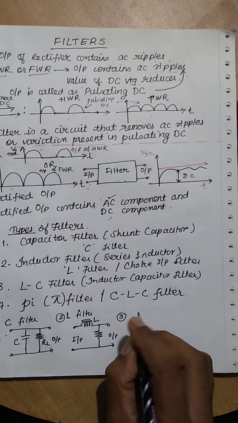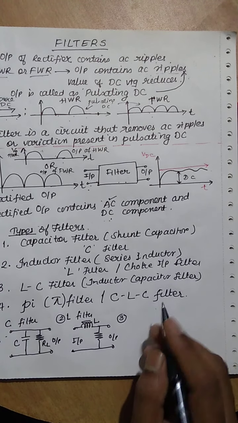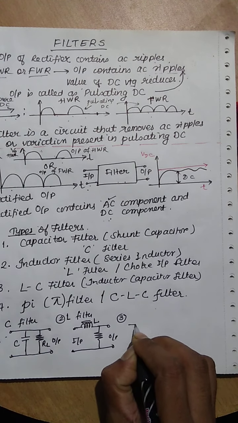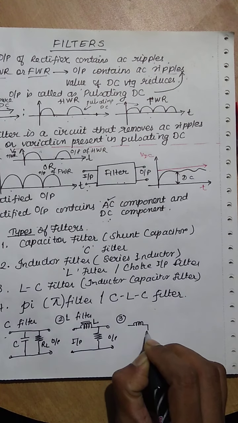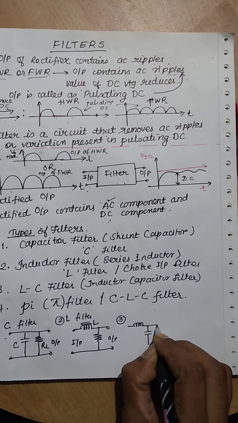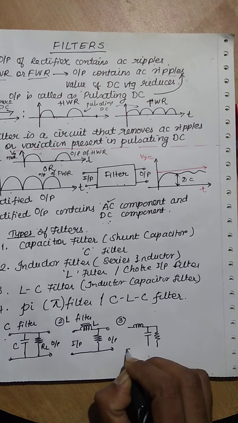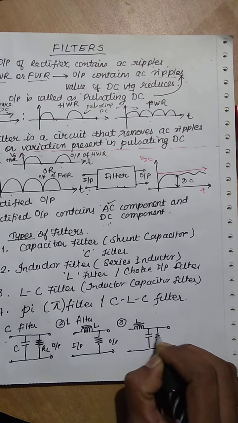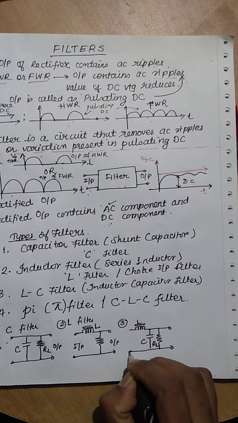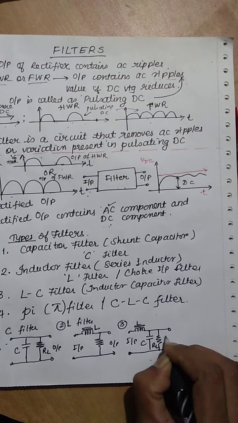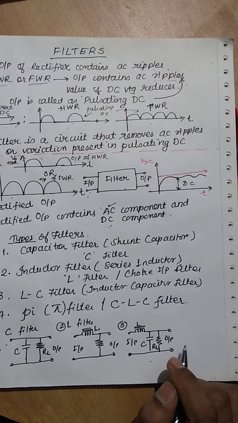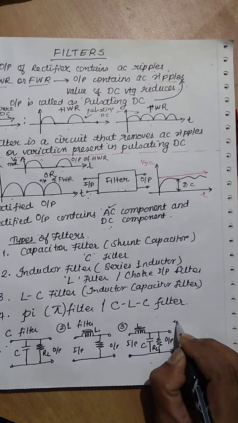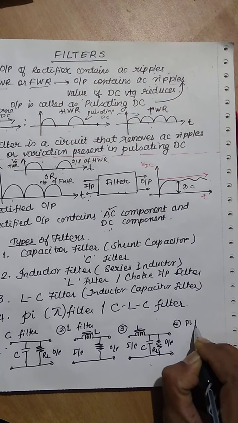Third, LC filter means a series inductor, a capacitor in parallel with the load. L, C, RL. Here it is input, here it is output. And the fourth one is pi filter.